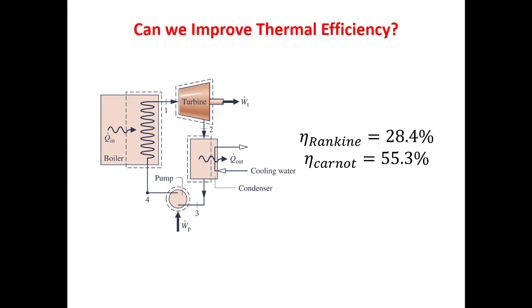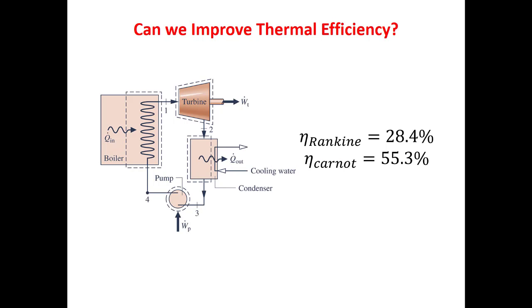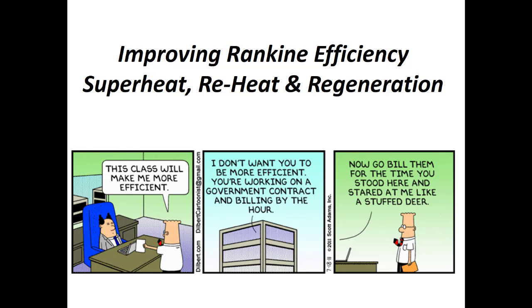So there's definitely room for improvement, right? And if you went into a nuclear power plant, it would not be only this kind of 4-component system. So we'll talk about some strategies that we can employ to improve efficiency. In particular, as we're improving Rankine efficiency, today we're going to talk about superheat, reheat, and regeneration, right?